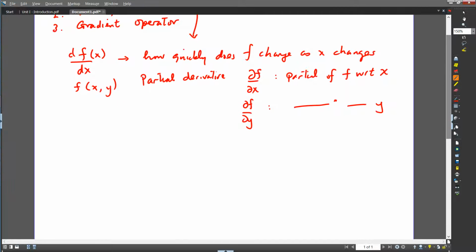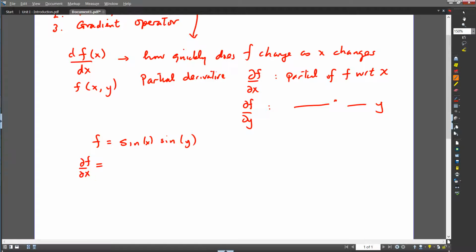If you want to see a little bit more of a specific example, let's just go through a couple here. Suppose I have that f is equal to sine x times sine y. Now the idea is that when we calculate partial f with respect to x, we are going to hold y constant. So we only want to know, how does f change if x changes?